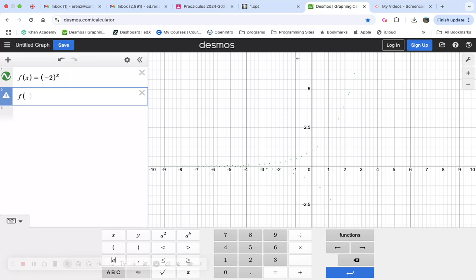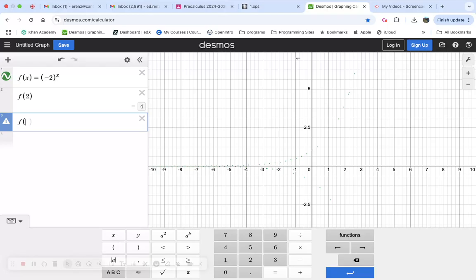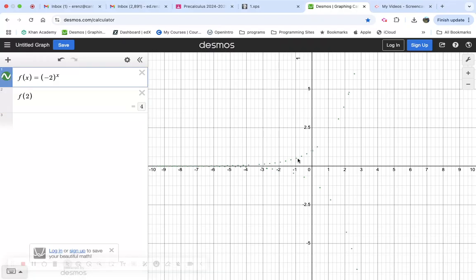But if I put f of, let's do f of 2, I get 4. What if I do f of -2? I get 0.25. Interesting. That's not what I expected, but let me see if I can explain from the graph itself. Look at these points. Notice how they're up here, right?